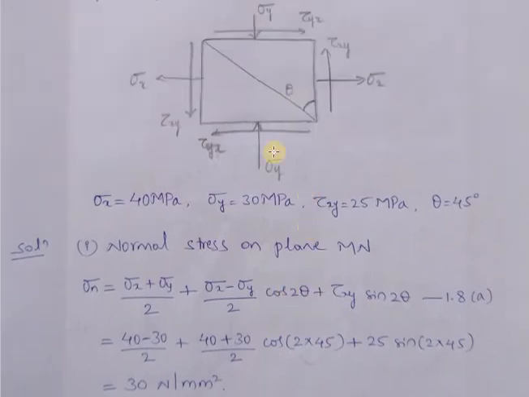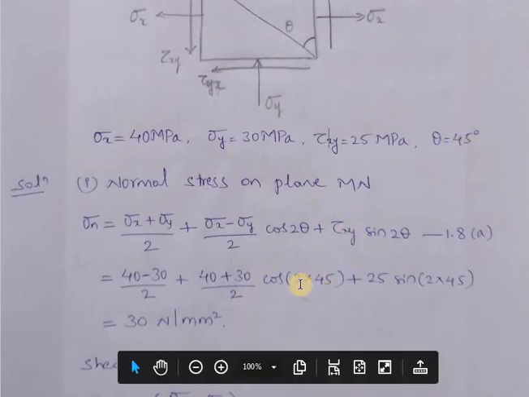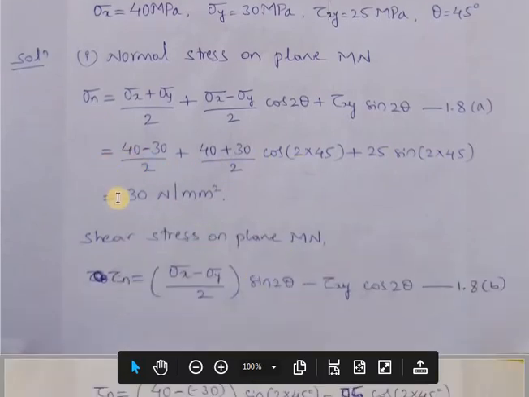So we are finding the normal stress on the plane MN, which is inclined at an angle of 45 degree. So we consider theta equal to 45 degree, so it is 2 into 45, plus the value of shear stress given as 25 megapascal, so it is 25 sin of 2 into 45. After solving this equation, we will get normal stress sigma n as 30 Newton per mm square.